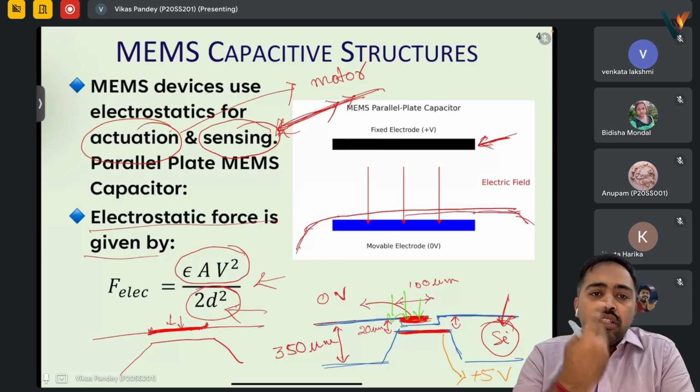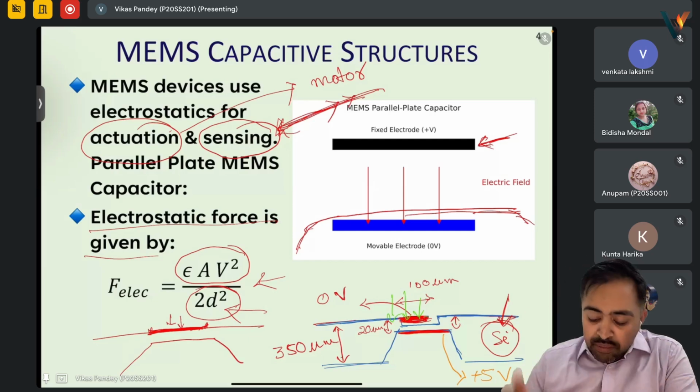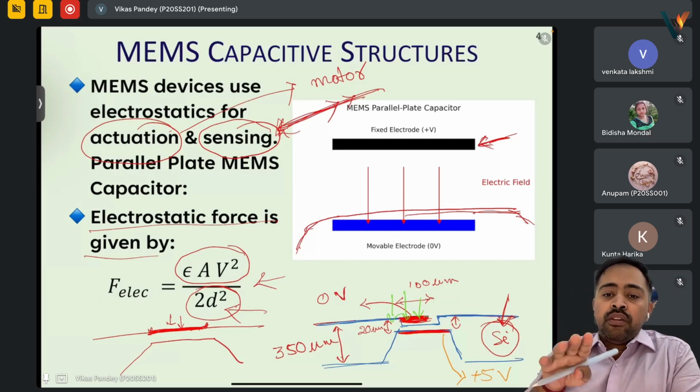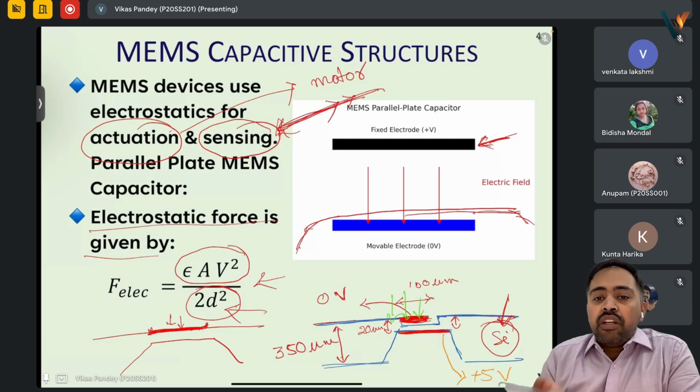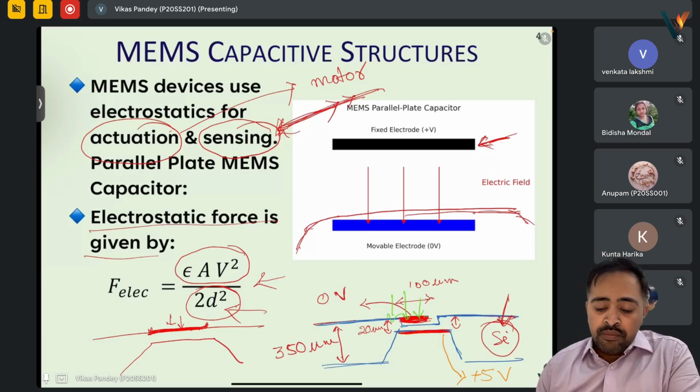It can be pressure, gas, temperature, humidity. It may be that due to a rise in temperature, this structure moves away or comes close, and in that case also we will see some change in the capacitance.